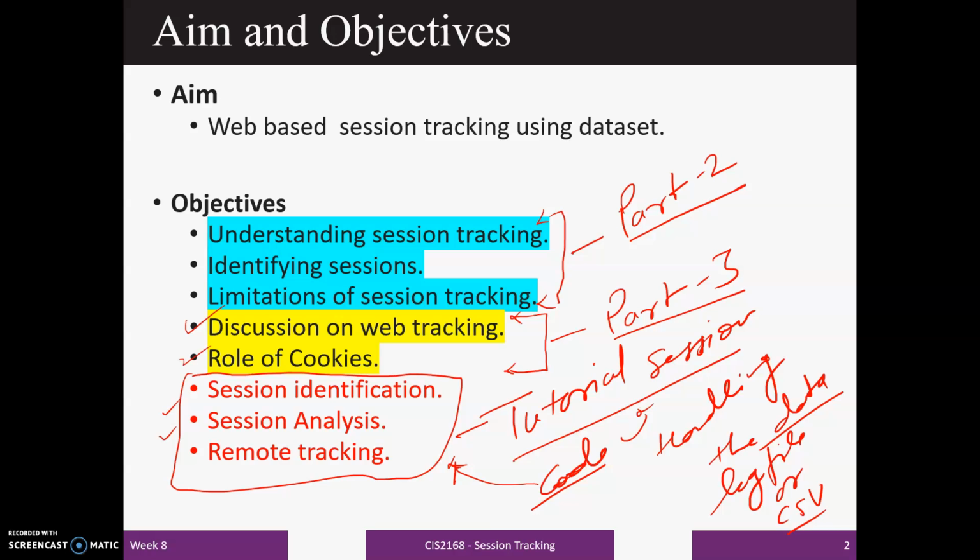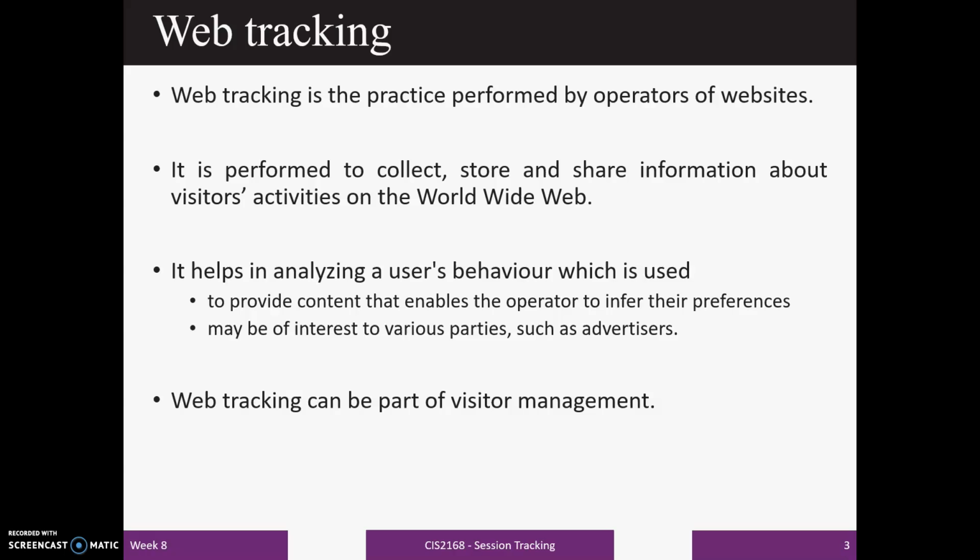Objective 4 is on web tracking, so the next slide is given to explain what web tracking means. Web tracking is basically a practice performed by the operator of the website.